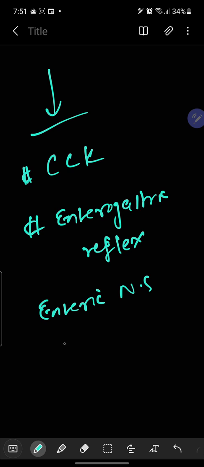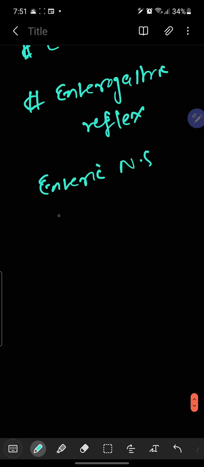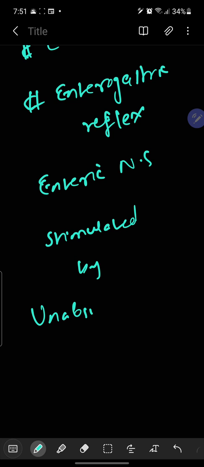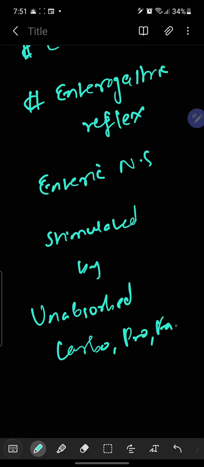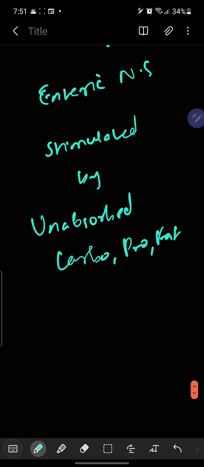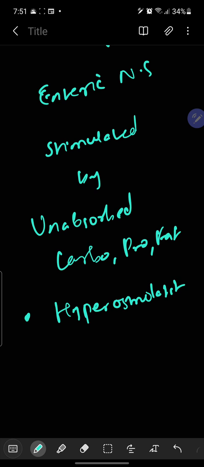It is stimulated by unabsorbed carbohydrate, protein, and fat present in the duodenum, and this will create a hyperosmolarity. This is a stimulating factor for the enterogastric reflex, which decreases gastric emptying.